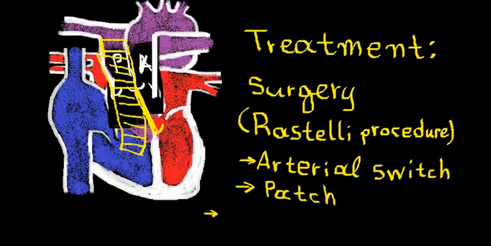So the deoxygenated blood goes from the right ventricle, which is here, directly to the pulmonary artery, and after that it goes to the lungs, and from the pulmonary veins it is oxygenated, and it goes to the left atrium, and after to the left ventricle, and after it goes to the aorta oxygenated.